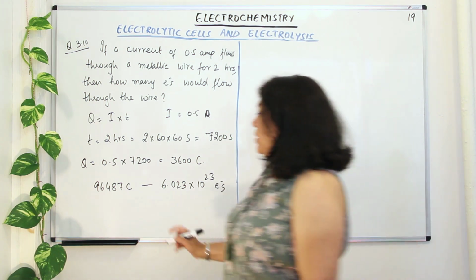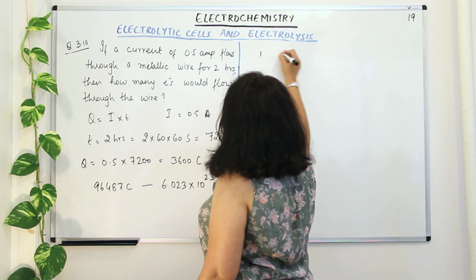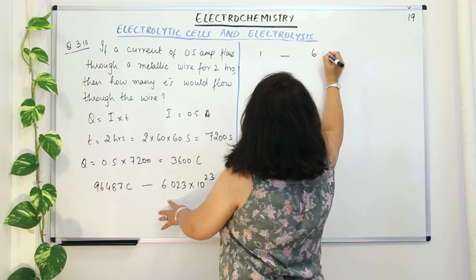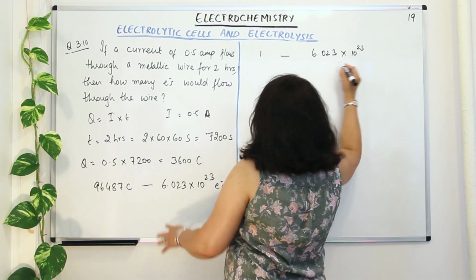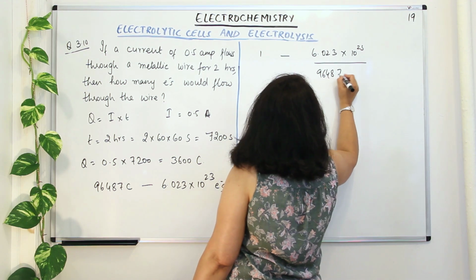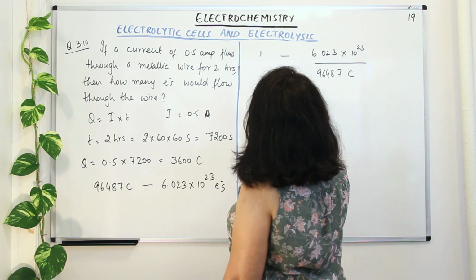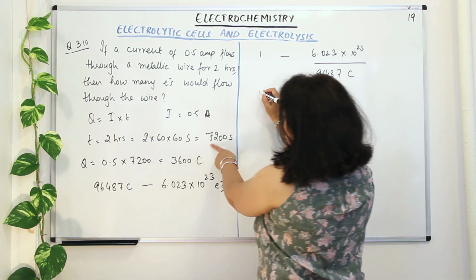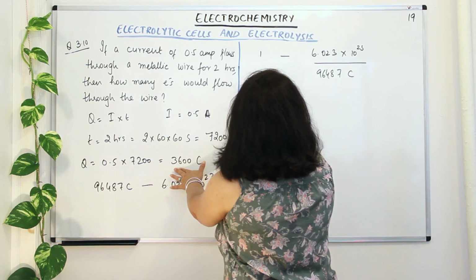So 1 coulomb would be the charge of how many? Again, I'm using unitary method. 1 coulomb would be the charge of 6.023 into 10 to the power 23 upon 96487 coulombs, right? And what would be the number of electrons when you pass for these many coulombs? 3600.